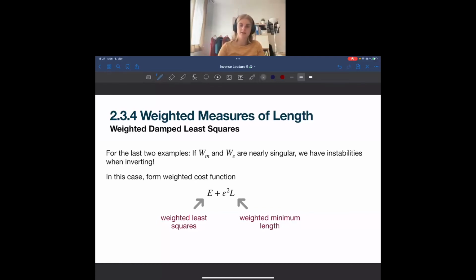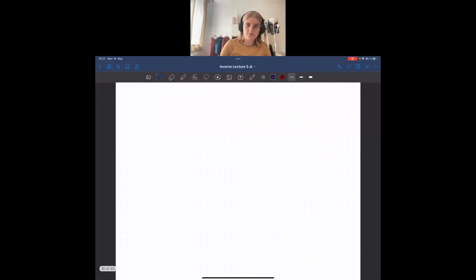On the one hand, it consists of the weighted least squares, and on the other hand, it consists of the weighted minimum length. And this epsilon square here is at the moment just a weighting parameter. You will see in a second what it does more closely. I will just once again write down what the solution looks like in this case, but you're going to see where least squares and where minimum length play a role.